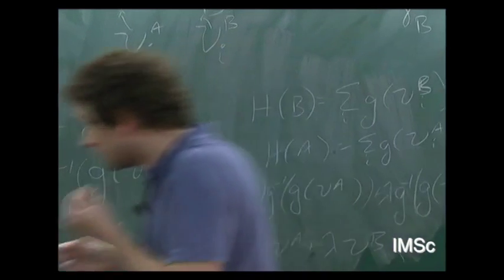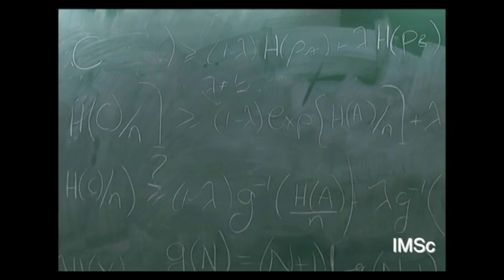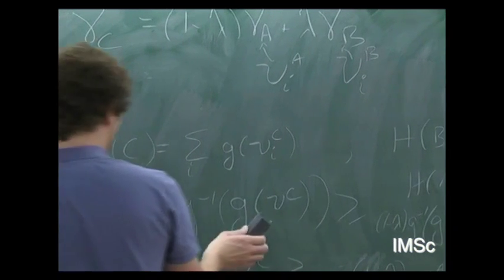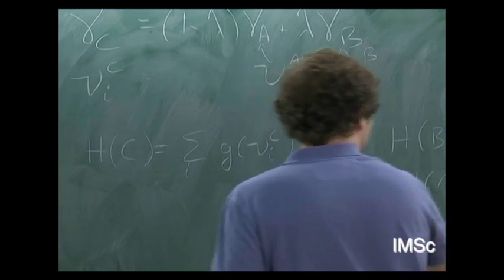Now, if we start thinking about what's going on here, this H of C over N is just the average entropy over all the modes. That inequality has a 1 over N in it, so we'll get rid of the one mode stuff. All of these inequalities look like this.